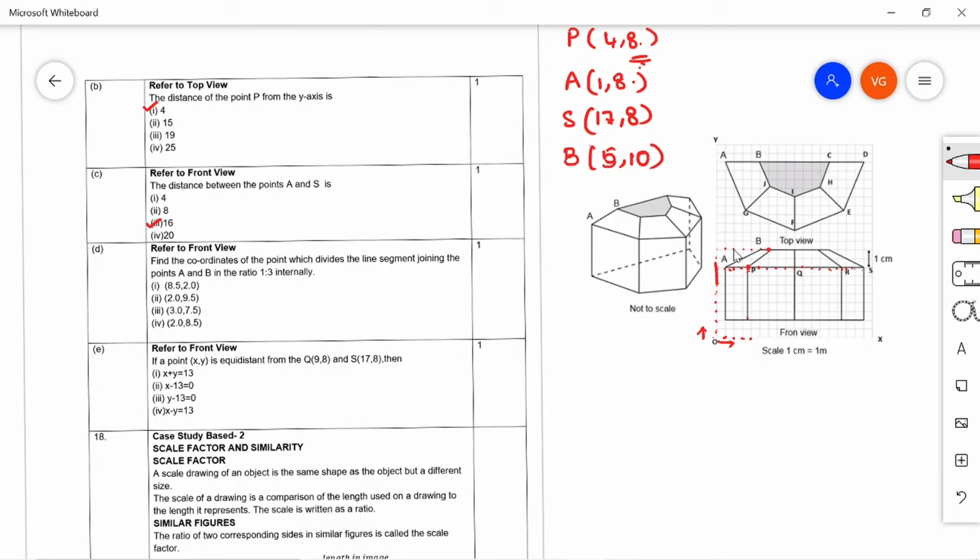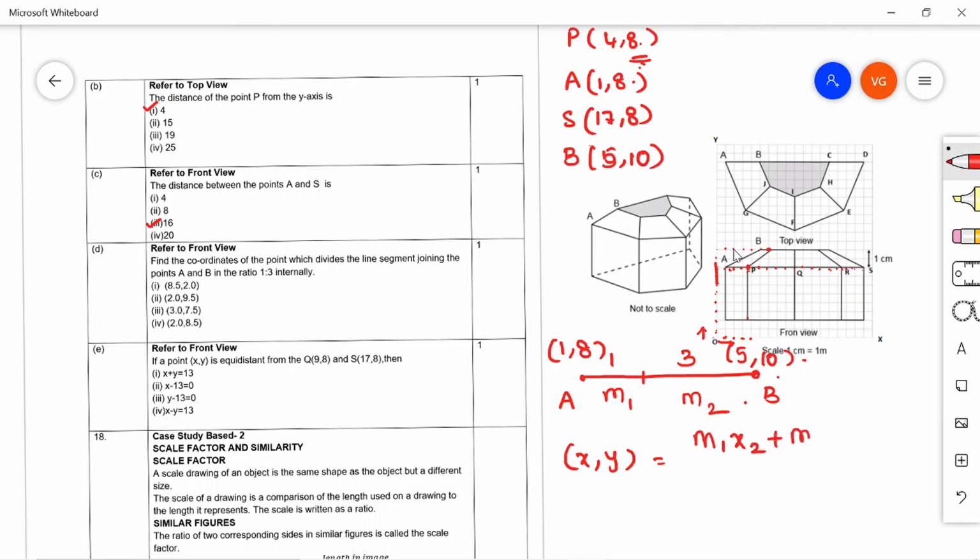They have given the ratio also. Let us do it using the section formula. Point A is 1, 8. Point B is 5, 10. It's in the ratio 1:3. Let us say this is m1 and m2. So point x, y here is given by m1 x2 plus m2 x1 divided by m1 plus m2, comma m1 y2 plus m2 y1 divided by m1 plus m2. That is the formula, right?